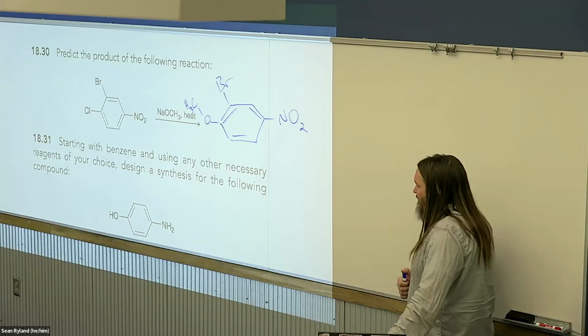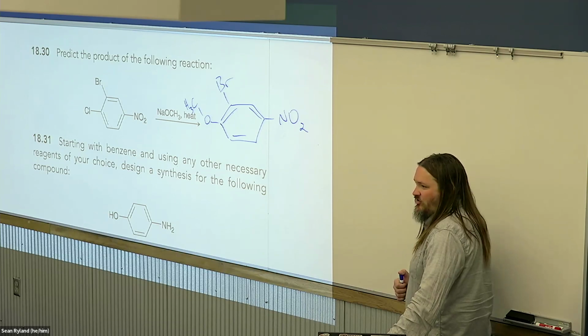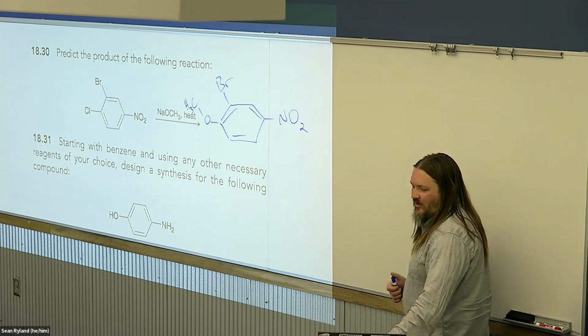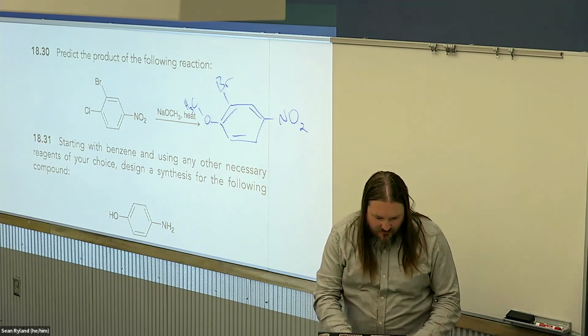The second one, I'm thinking it's either kind of a deep pull review, or we may not have covered it. Did we talk about reducing nitro groups? I don't think we did either.